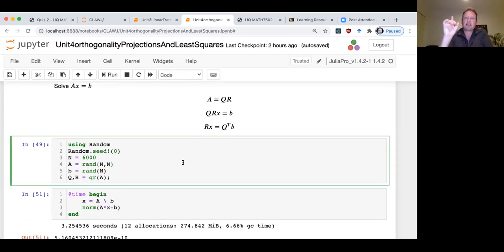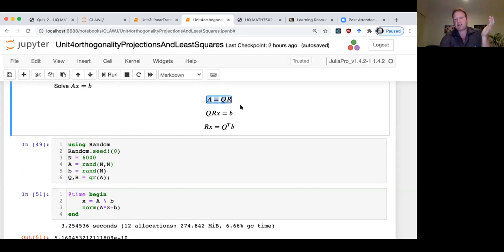Now, here's a little demo just so you see that this is fast. But just to be clear, to be fair, this is not faster than doing an LU decomposition, which is Gaussian elimination. Okay, but once you have the factorization, it's fast.